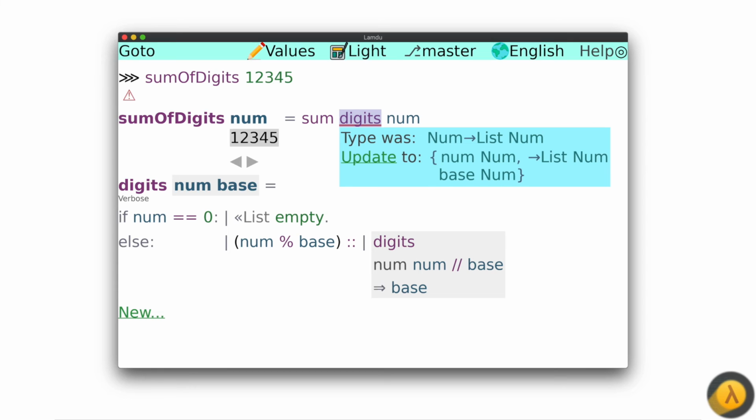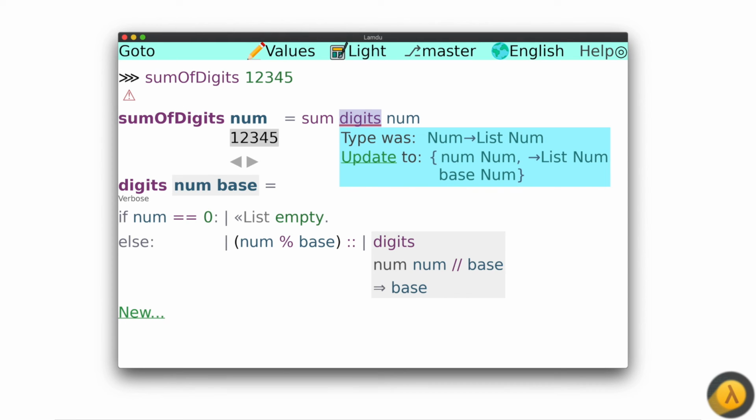What does Lamdu show us here? When the sum of digits function originally called the digits function, its argument was just a number. Now it gets a number and a base. Note that before updating its type, its previous type is used for type inference in the sum of digits function, allowing everything to still be validly typed.